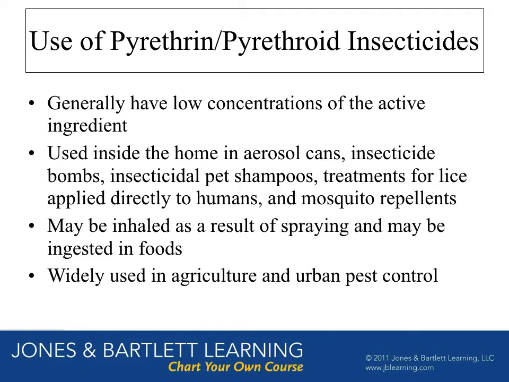The nice thing about these is acutely, they are very benign to mammalian species. They're very toxic to fish and aquatic things, but they're very benign as far as mammalian toxicity goes, acutely. Now, there are some chronic effects that we should talk about in a few minutes.